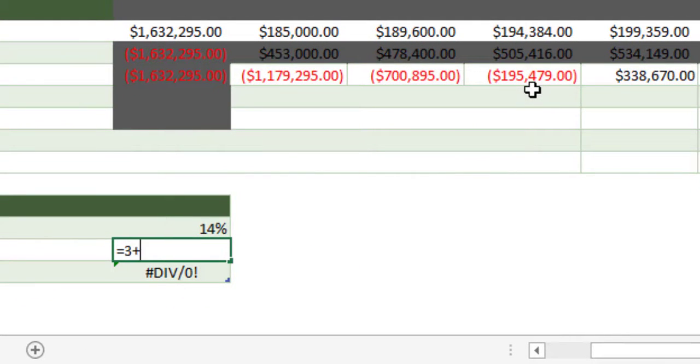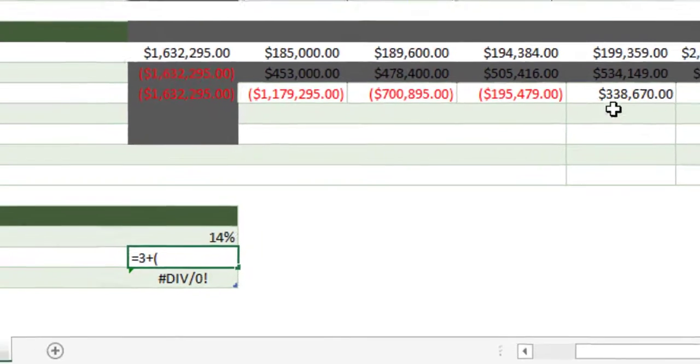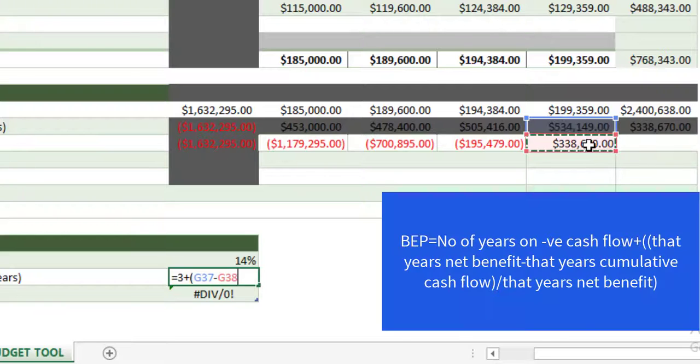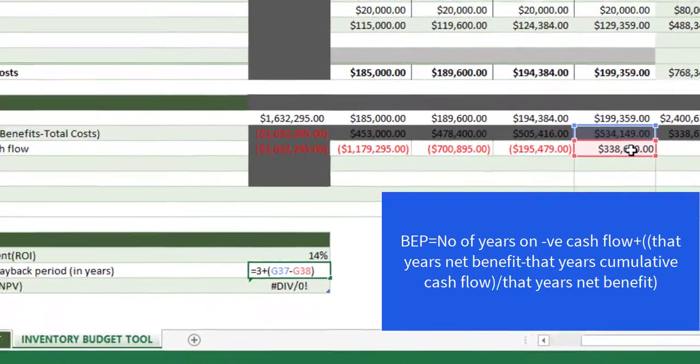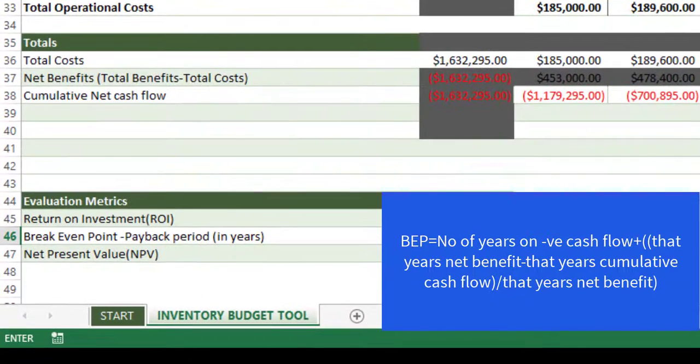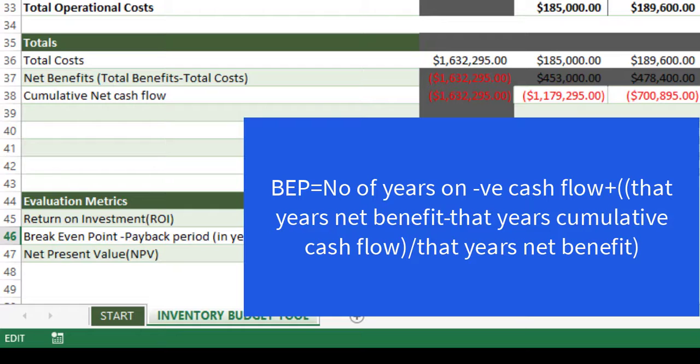Then we add, and I'll put into brackets, the net benefit, and then we subtract the cumulative net cash flow for that particular year, and then we divide by the net benefit for that particular year.